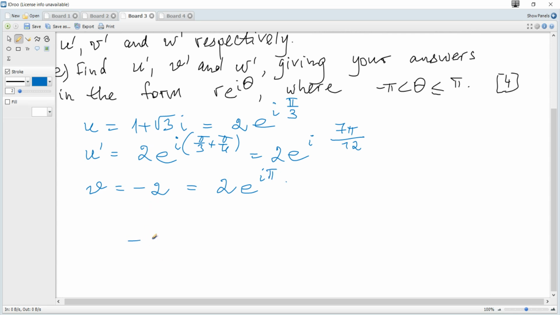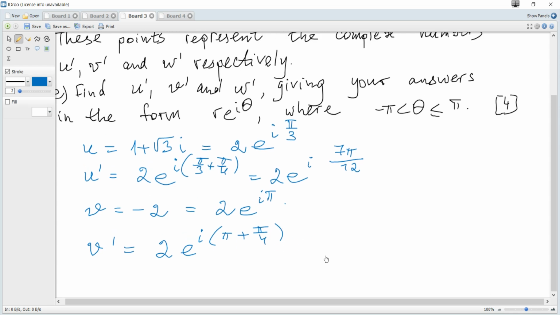It cannot be -2 e^(i0) or something like that, or just -2. And then V primed is 2 e to the power i (pi plus pi over 4).